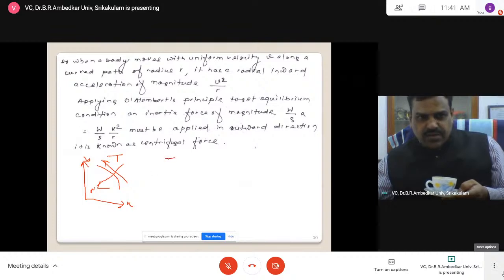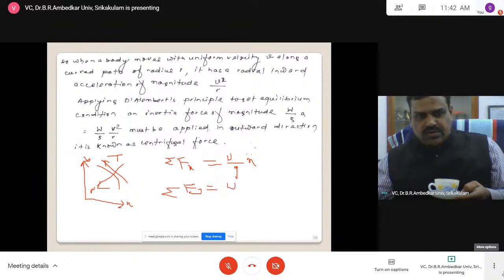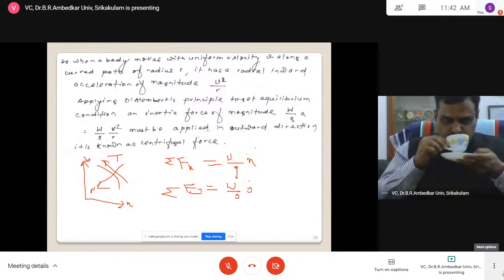That means the summation of forces in x direction is equal to mass into acceleration, and the sum of forces in y direction is equal to mass into acceleration in y.